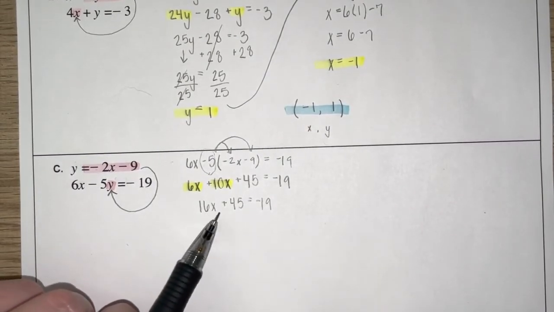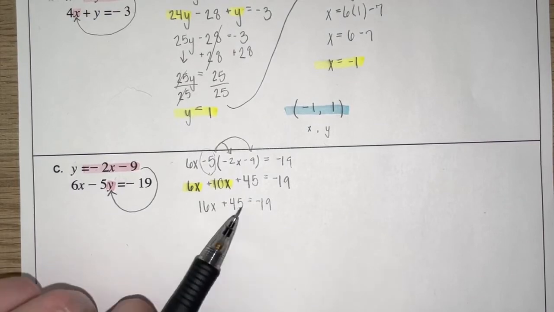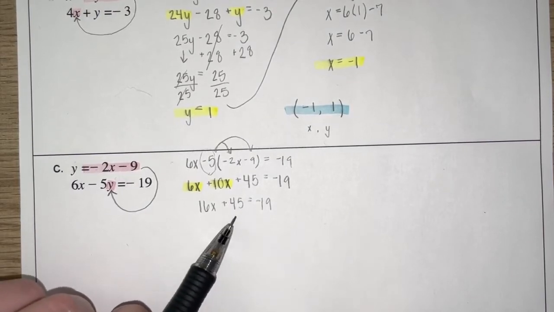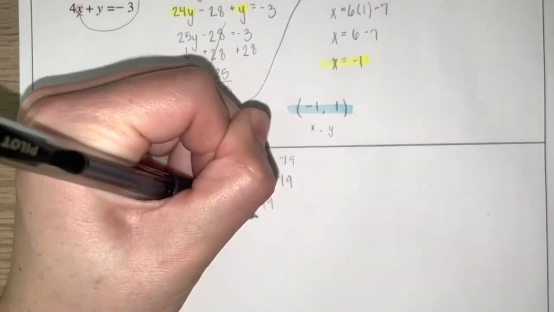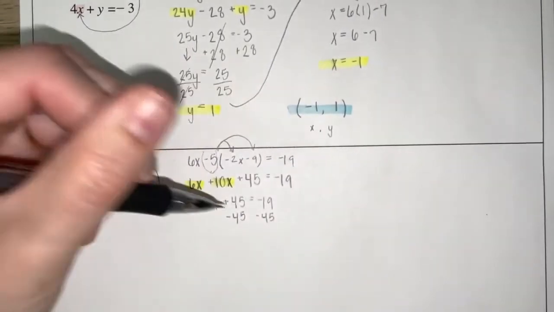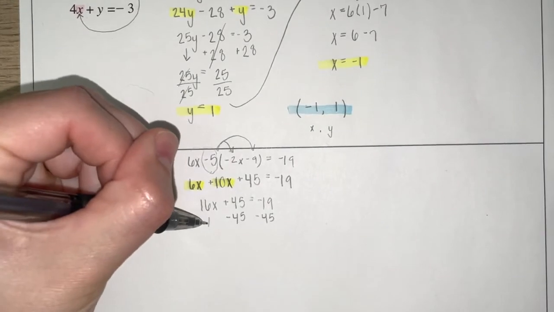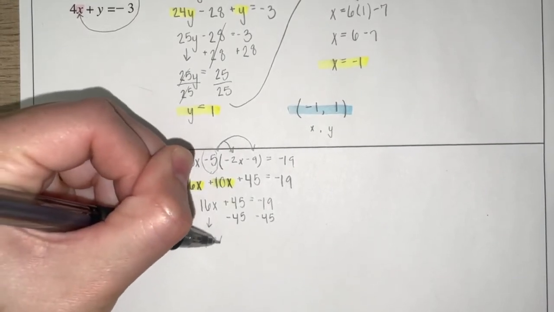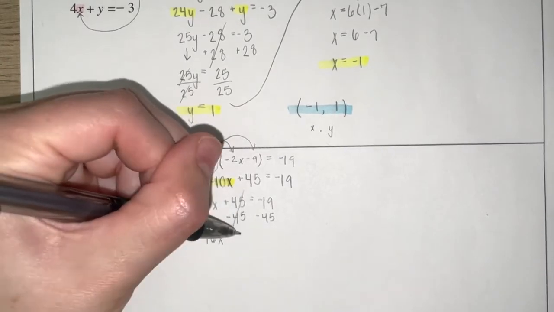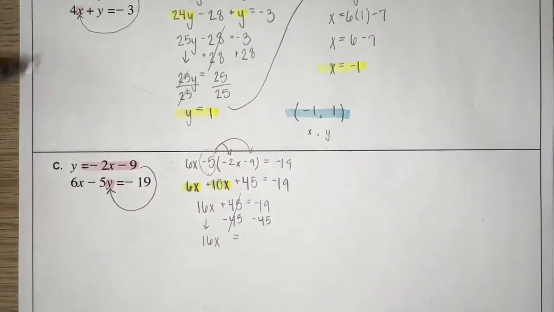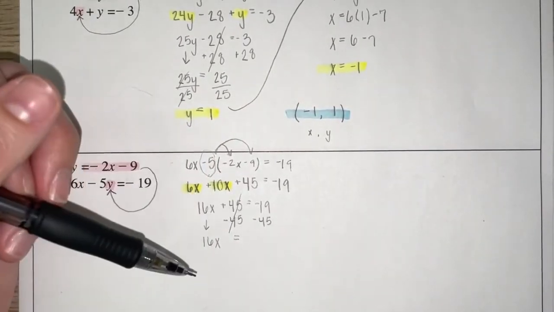I want to solve for x, so I'm going to move everything away from the x. So I can undo this plus 45 by subtracting 45 from both sides. I'm going to bring down the 16x. 45 minus 45 cancels out. I'll bring down the equal sign, and then negative 19 minus 45.